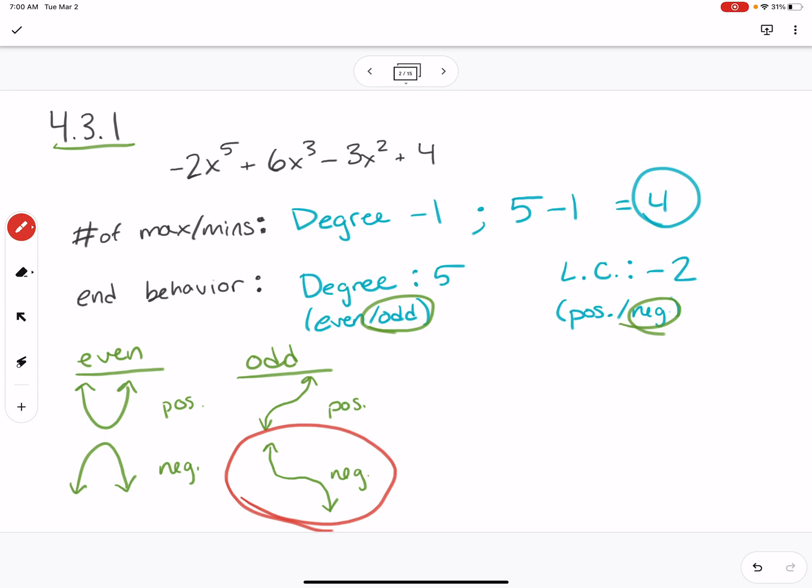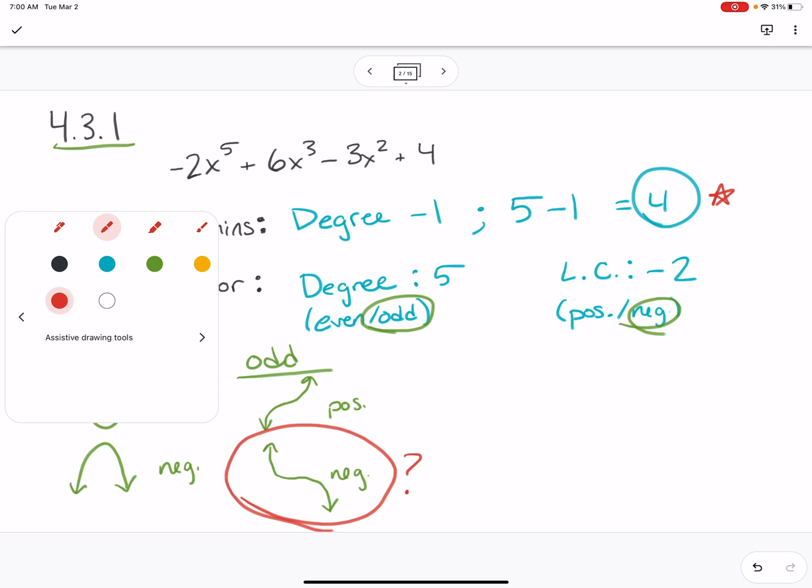Now again, we know from what we already did that there will be more lumps and bumps in between those two ends. There will be more maximums and minimums, but we just care about that end behavior for this question. So now I know that it needs to look like this. Well, how do I describe this? We describe it using infinities.